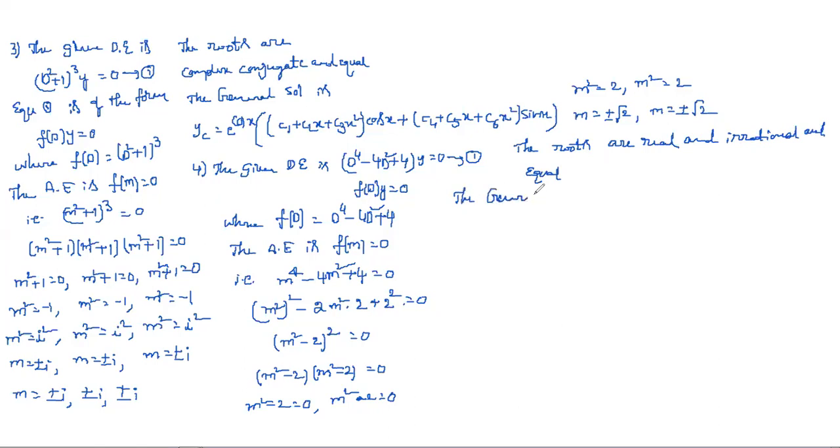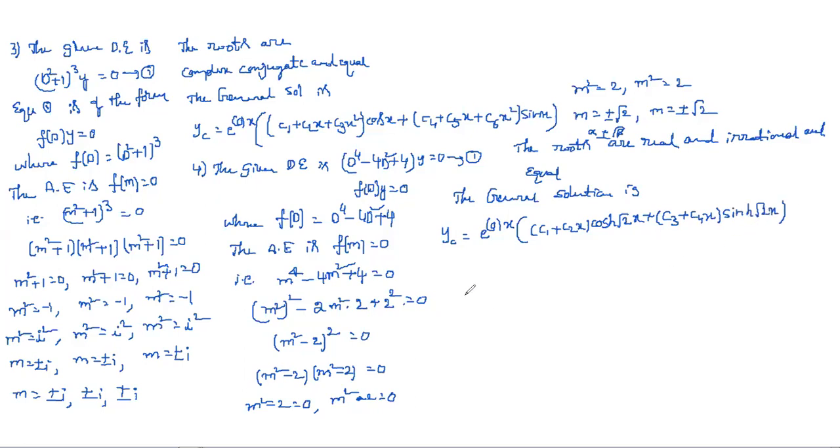It is in the form of alpha plus or minus root beta, right? So what is the formula we used? yc is equal to e power alpha into x, with the repeated roots. So for that, c1 plus c2x into cosh root 2x plus c3 plus c4x into sinh root 2x.